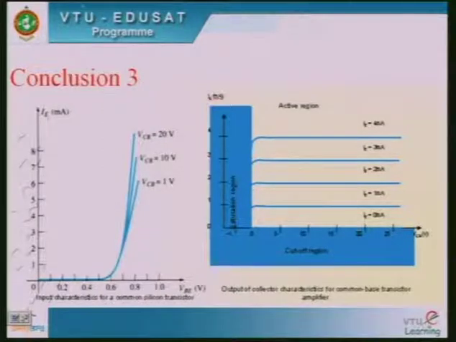This is the output characteristics, the plot of VCB, the output voltage, versus IC, the output current, keeping IE constant.